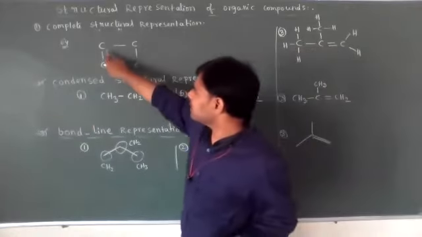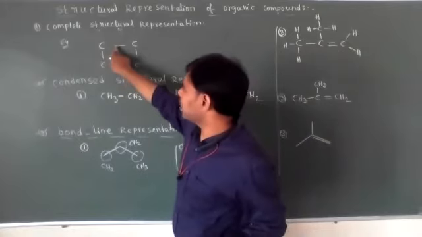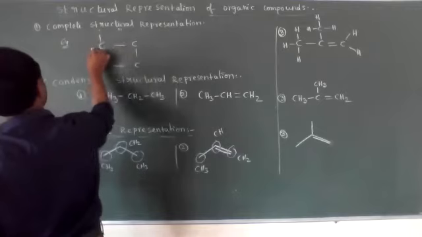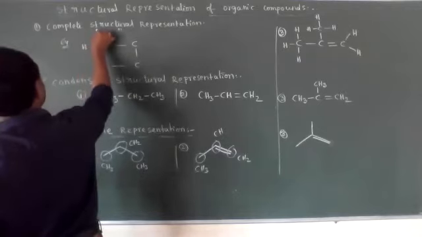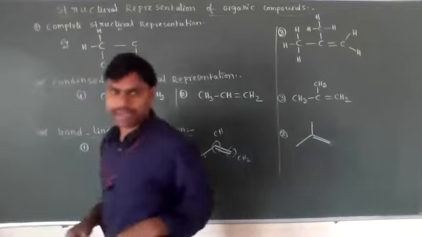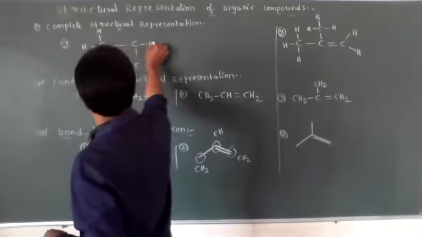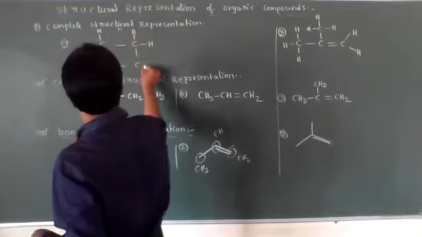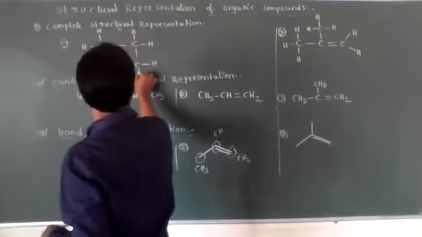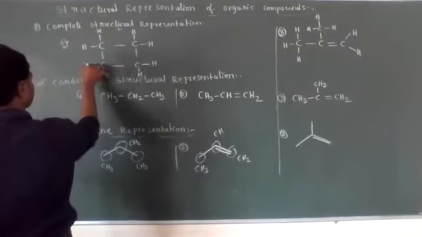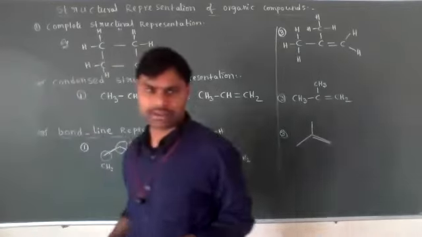Due to the cyclic ring, single bond here and single bond here, 2 valences are used up. The remaining tetravalence is satisfied with 2 hydrogen atoms. Here 2 hydrogens, and here 2 hydrogens, 2 hydrogen atoms are present.